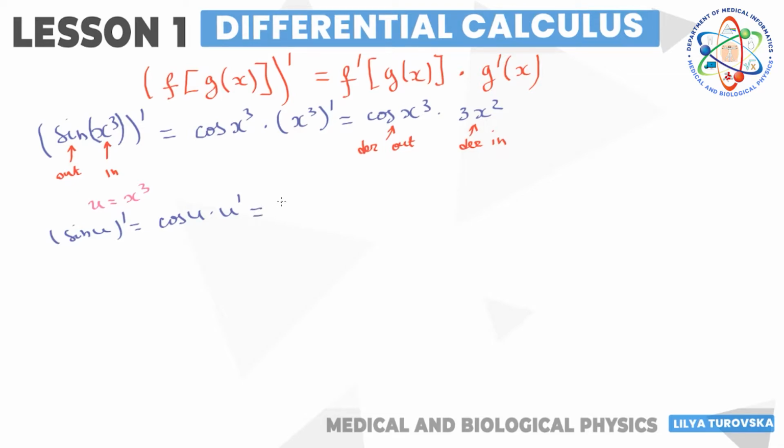And if we substitute x cubed back for u, we have cosine x cubed multiplied by the derivative of x cubed. Actually we get the same: cosine x cubed times 3x squared. I think the first way is the simplest, and we will use it to find the next derivatives.